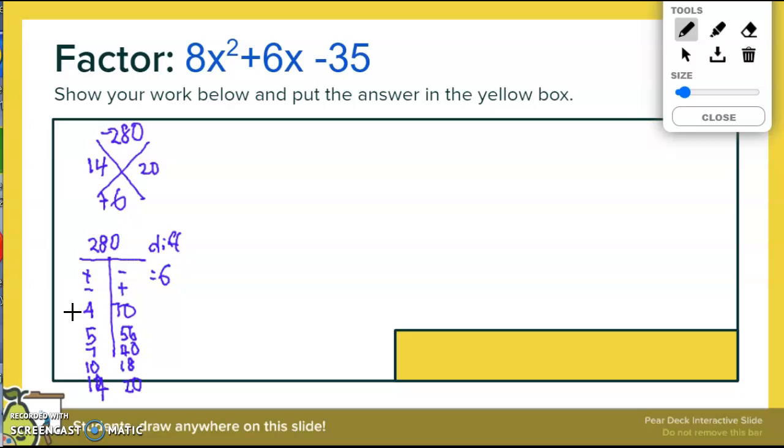That means I am going to split the middle term into 14x and 20x. So 8x squared plus 6x minus 35 becomes 8x squared plus 14x. Oh, but we need to get positive 6x, right? So when you add those, we need to get positive.